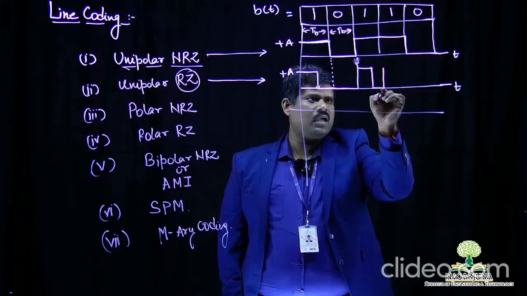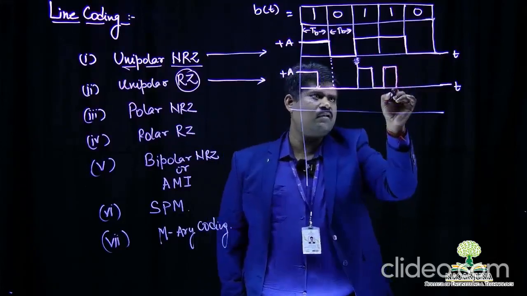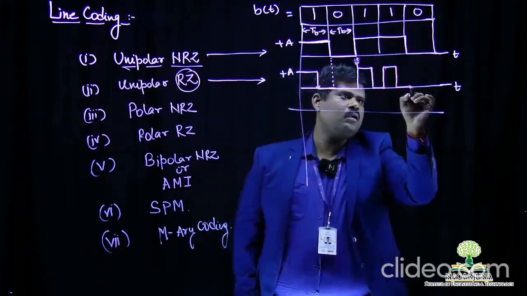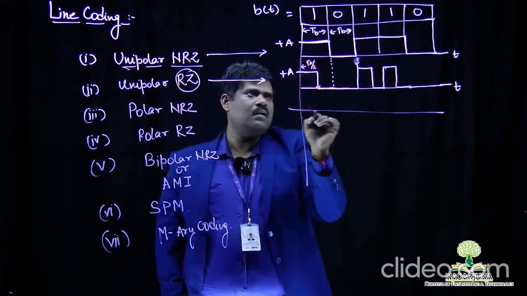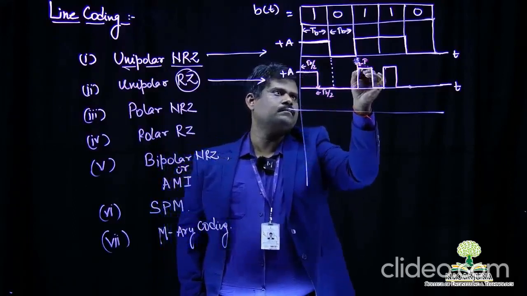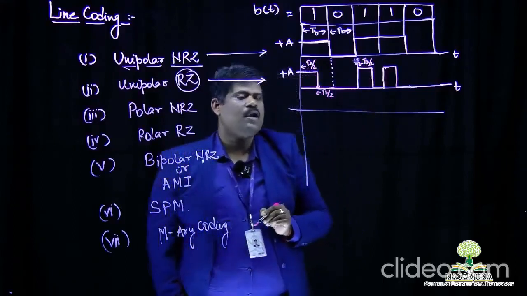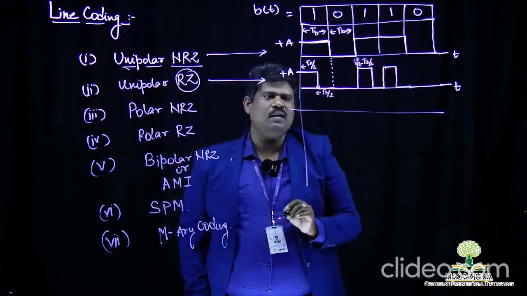In continuity, again when 1 comes, half of the bit interval it will be high and then return to 0. For 0, it will be 0. This time interval is TB by 2, half of the bit interval. That's why this technique is known as unipolar RZ.